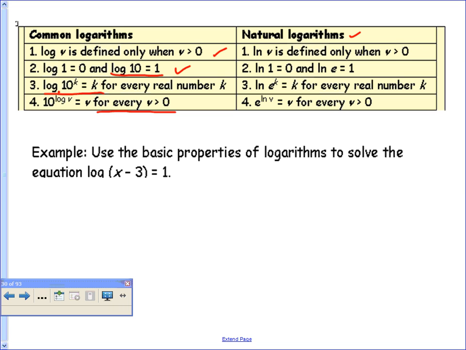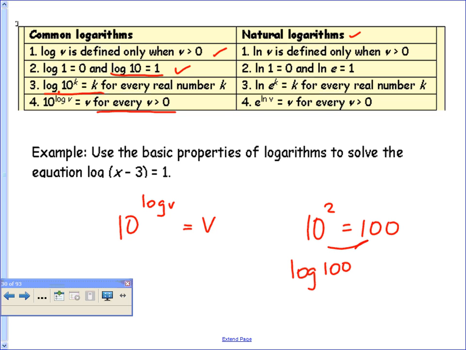And again, you could write that in logarithmic form to understand this. So you've got your 10 raised to the log v is equal to v. If you have something like 10 squared is equal to 100, you know that the equivalent expression for that is the log with your base 10 of 100, so your 100 goes here, is equal to 2.